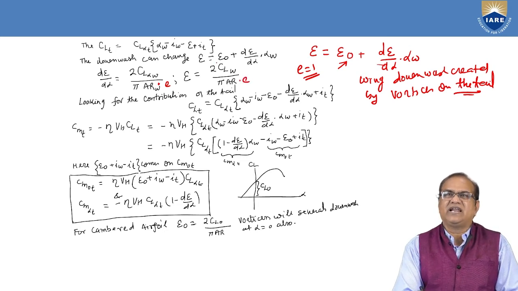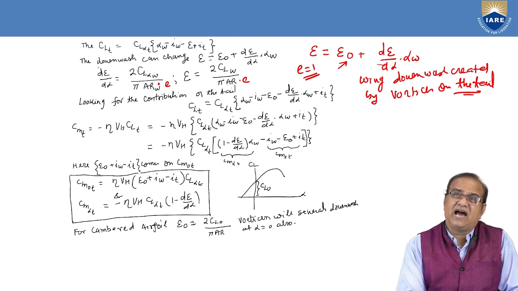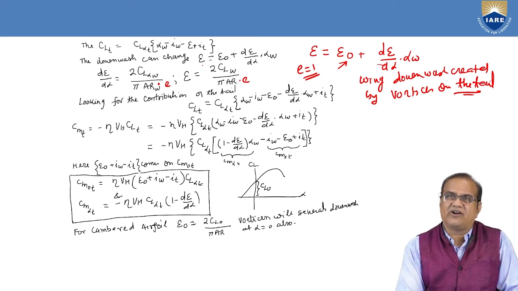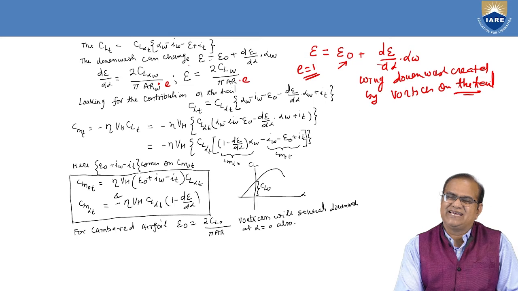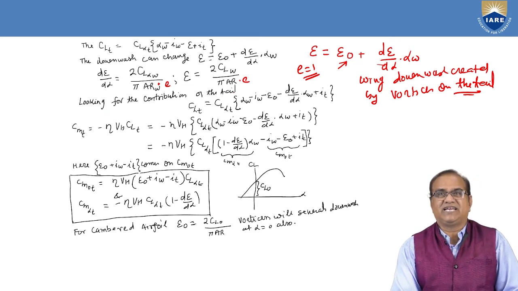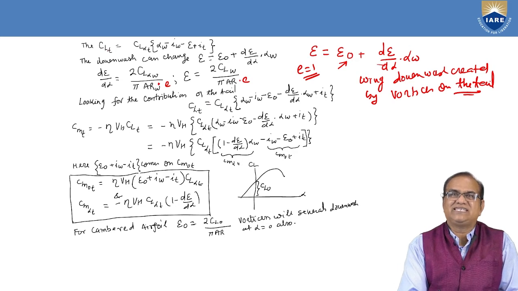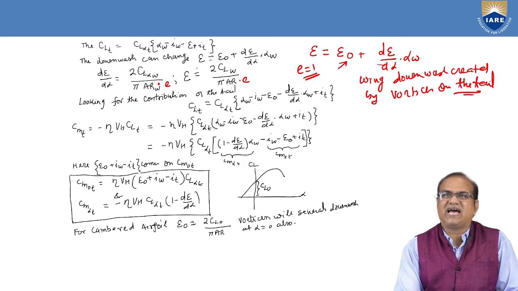So these things are required. They are already derived in your flight mechanics or aerodynamics courses, and explained in your previous semesters. So looking at the contribution of the tail, CLT is equal to CL alpha T times alpha W minus IW.